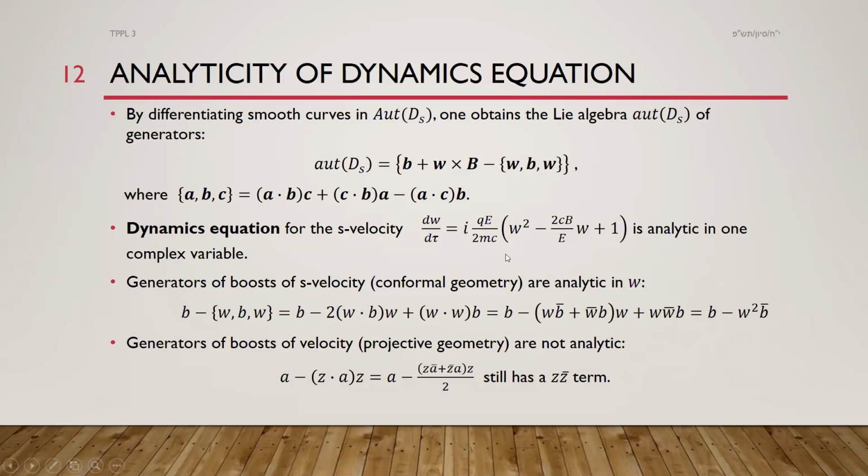From where does the analyticity come? If you look at the generator of a boost, just pretend that capital B is 0. So this is the generator of a boost.